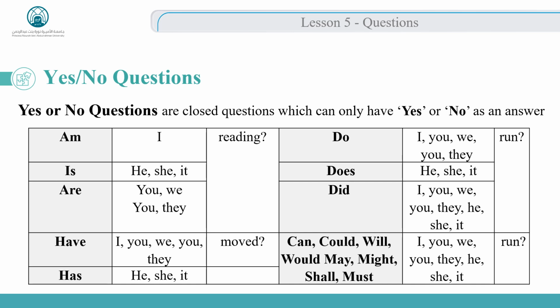Am, is, or are. And notice that the form of the main verb is the original plus ing, reading. Am I reading? Is he reading? Are you reading? Again, the structure is auxiliary, subject, and then the verb plus ing.